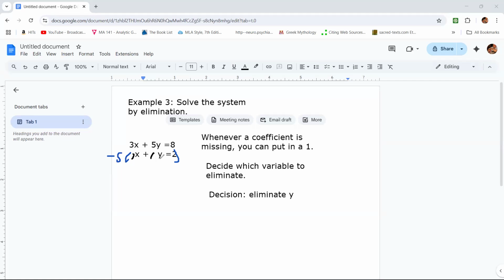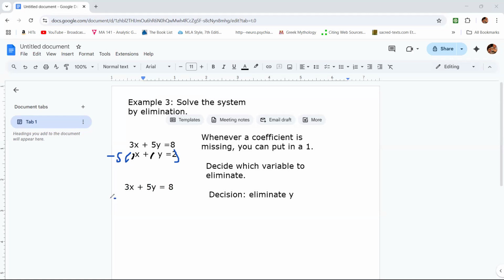So, afterwards, this first equation is going to stay the same. So I have 3x plus 5y equals 8. But this bottom equation here is -5 times 1x.